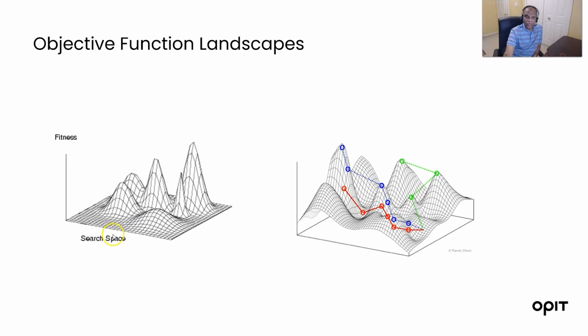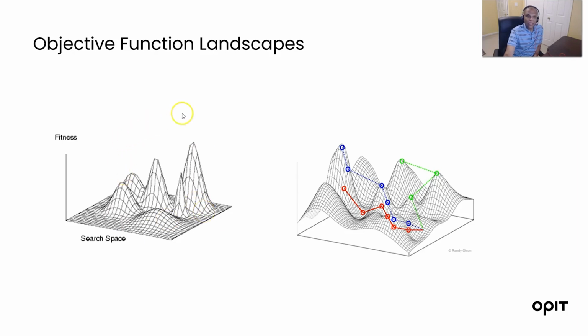In other words, for every point in the search space, this 2D plane at the bottom, I'm calculating the fitness function and plotting that on the upward or z-axis, and that gives me this landscape. Now my objective is to get to the lowest point in this landscape.